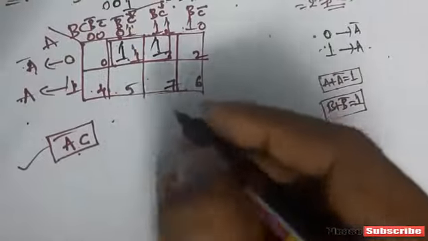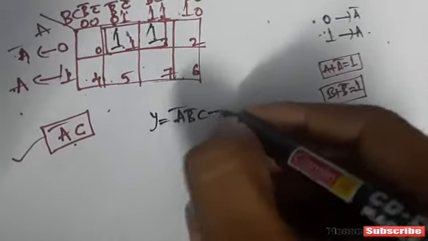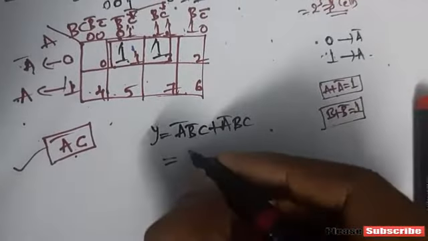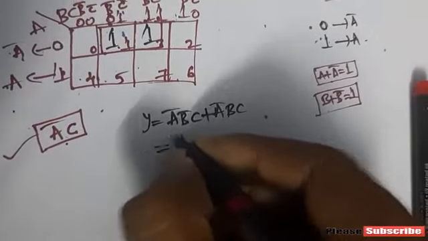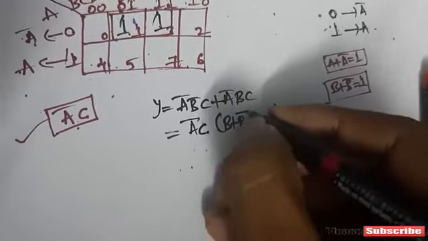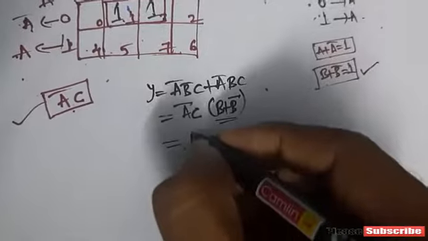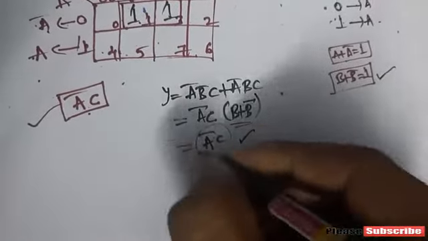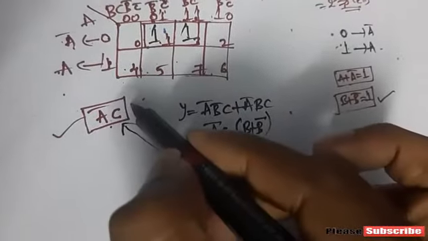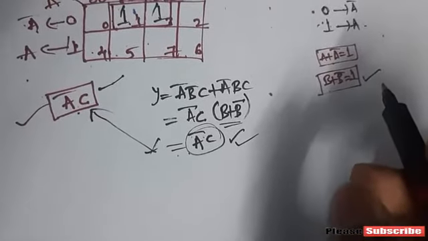Y is equal to A bar B bar C plus A bar B C. Here A bar C is common, so you can take B plus B bar, which is 1. Hence the answer is A bar C. You can see both match. This is the easy or shortcut method, and this is the conventional or regular method.